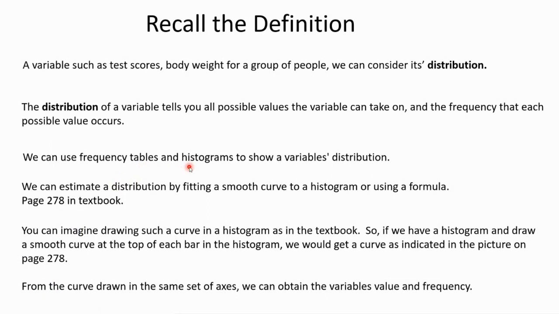We did see that already, right? We saw that a frequency table can give you the values of the variable, like test scores. It can also give you the frequency with which each value can occur.